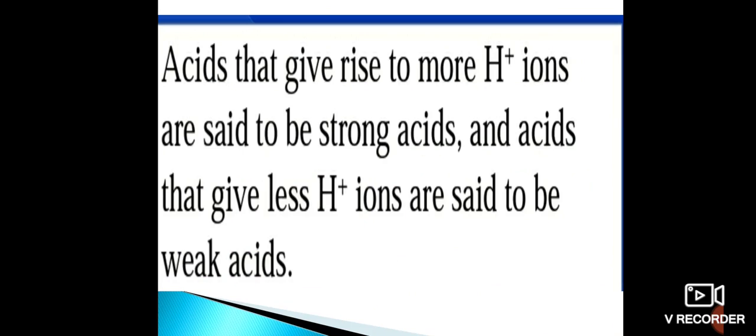Acids that give rise to more H plus ions are said to be strong acids, and the acids that give less H plus ions are said to be weak acids. Examples for strong acids: hydrochloric acid, nitric acid, sulfuric acid. Examples for weak acids: acetic acid, formic acid, etc.